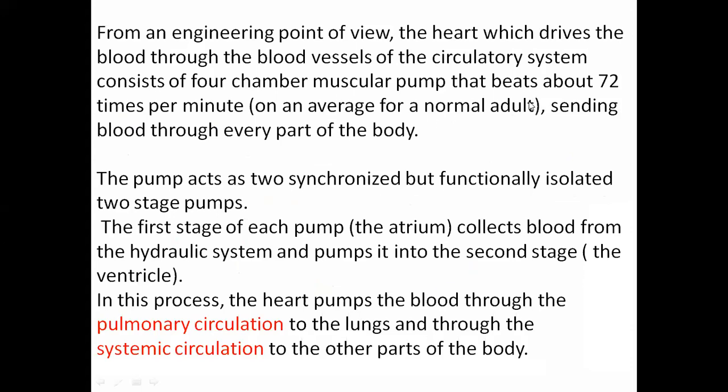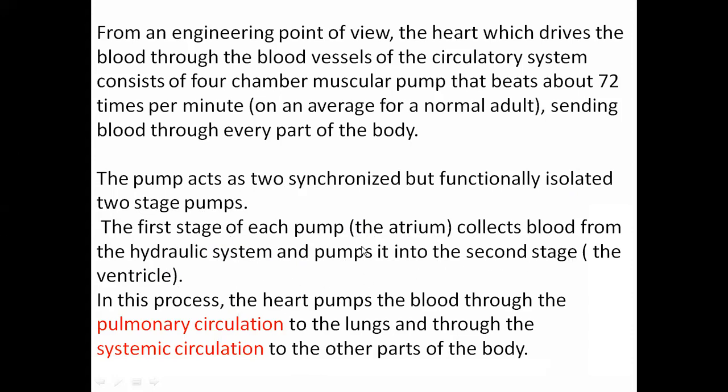For a normal adult, the heart beats 72 times per minute. The pump acts as two synchronized but functionally isolated two-stage pumps. The first stage of the pump is the atrium, which collects blood from the hydraulic system and pumps it into the second stage, the ventricle.